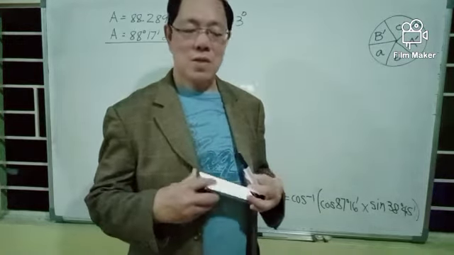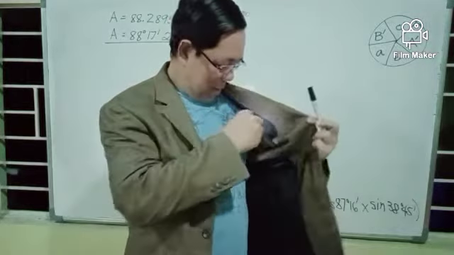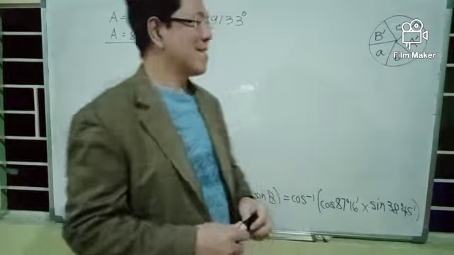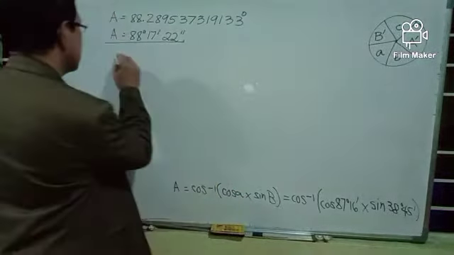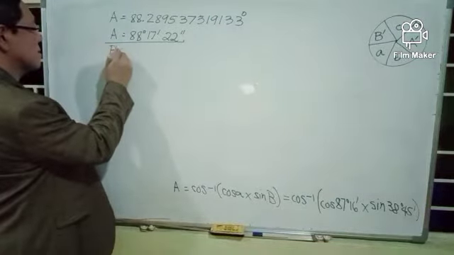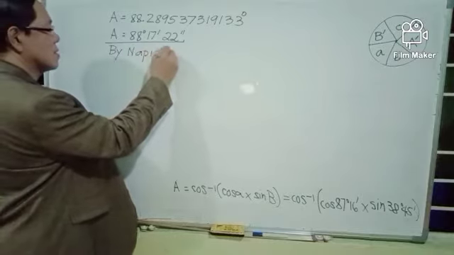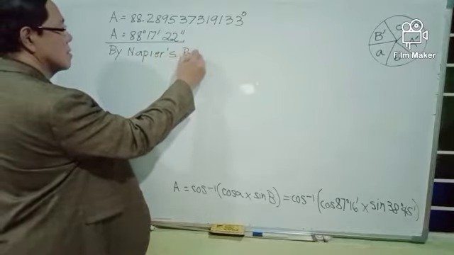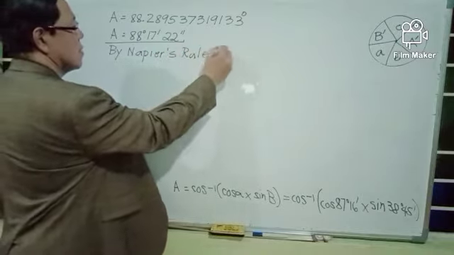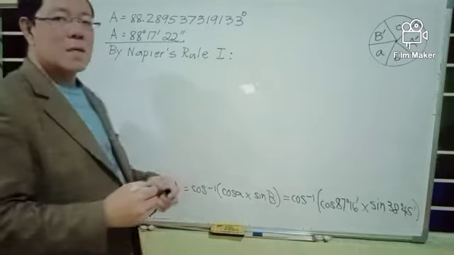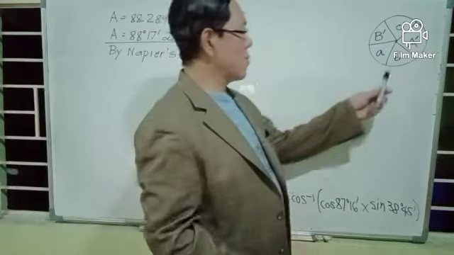We write the equation using Napier's rule number 1, and we take small b as the middle part.